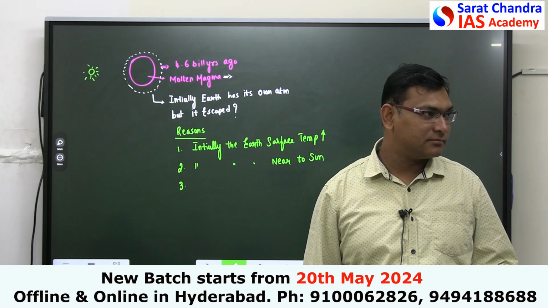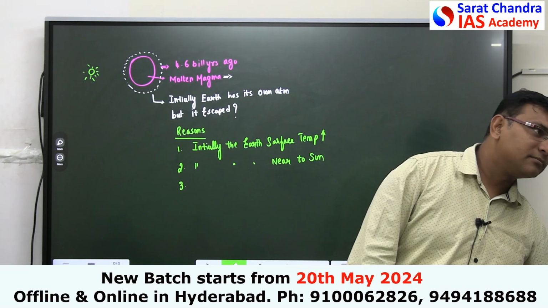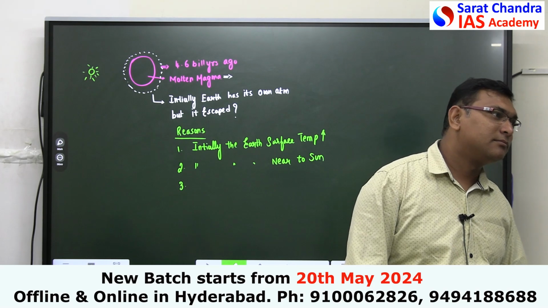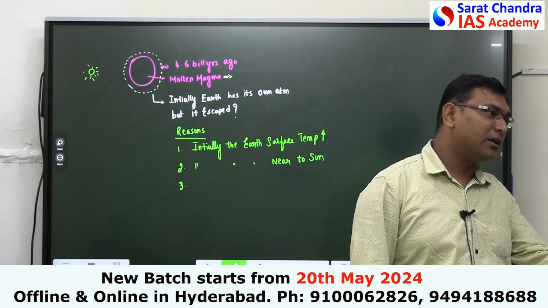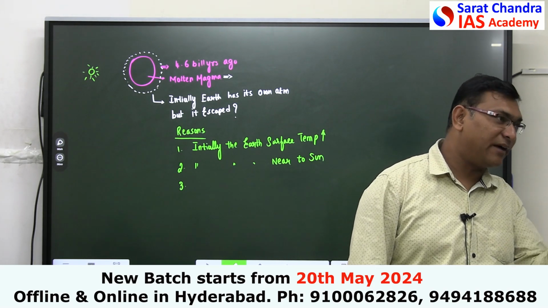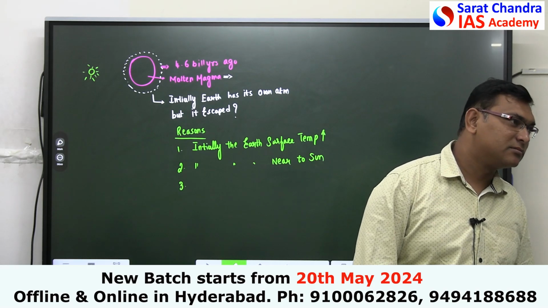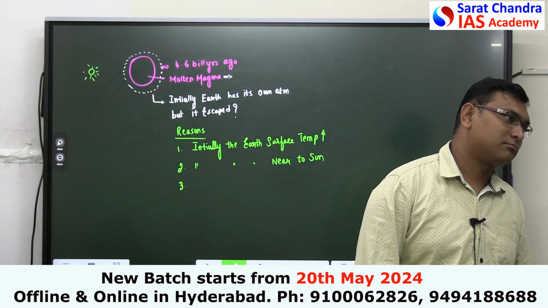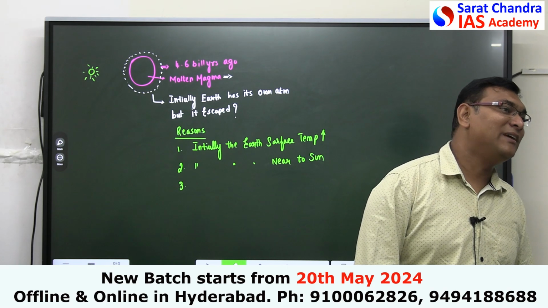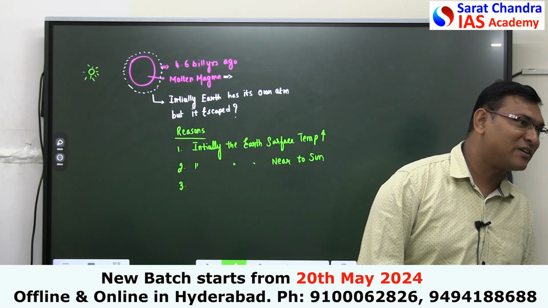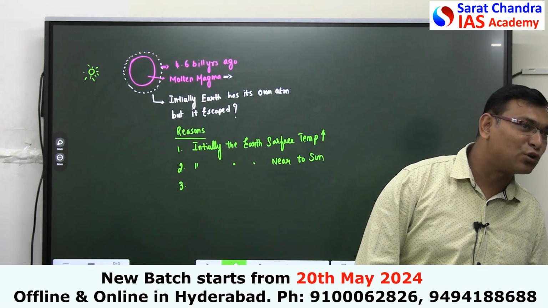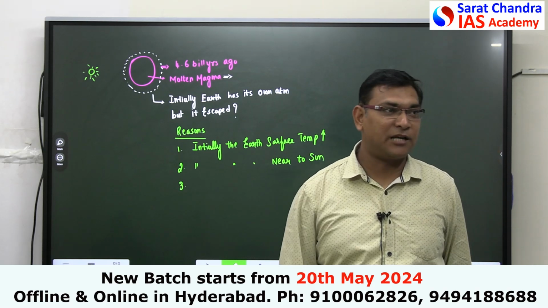How did they form an atmosphere if it was already so hot that these things were moving away? Mercury, do they have that atmosphere? No. Venus, do they have that atmosphere? Yes.